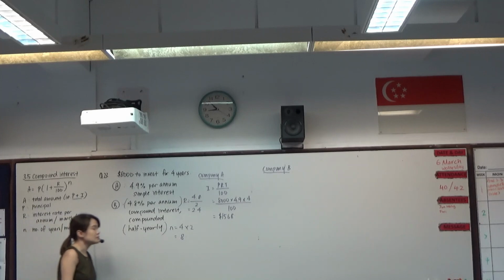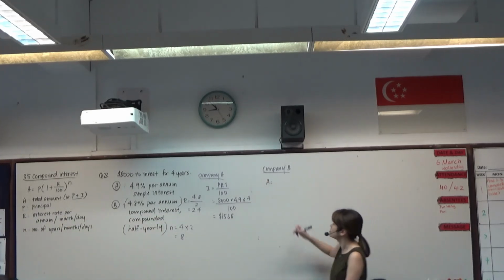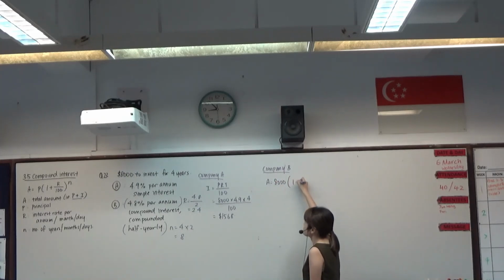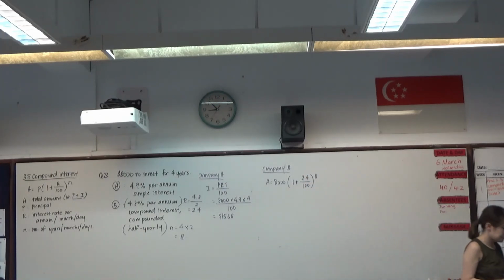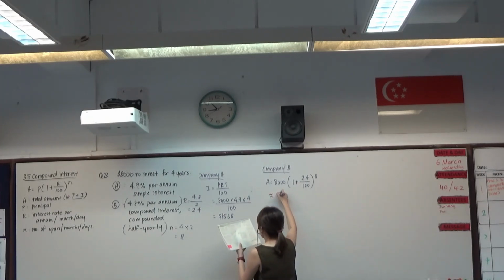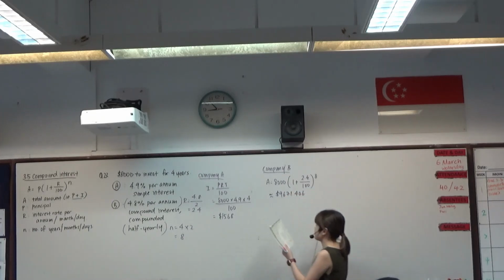So using our formula to find the total amount, that will be principal $8,000 times 1 plus 2.4 divided by 100, to the power of 8. And that gives us about 9671.406.